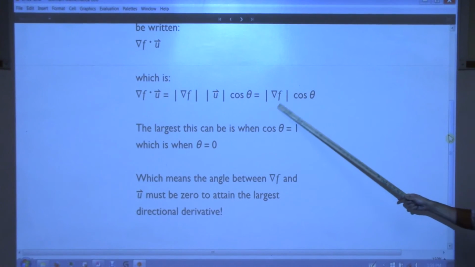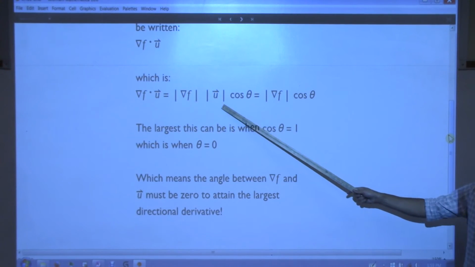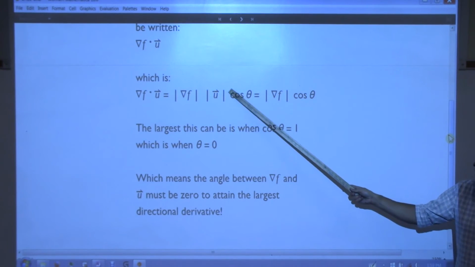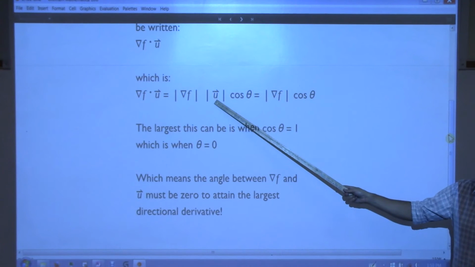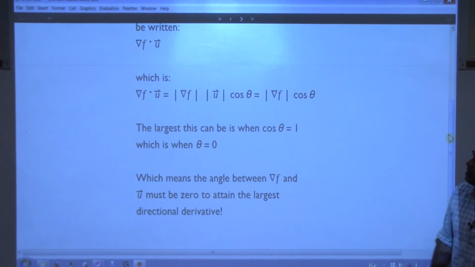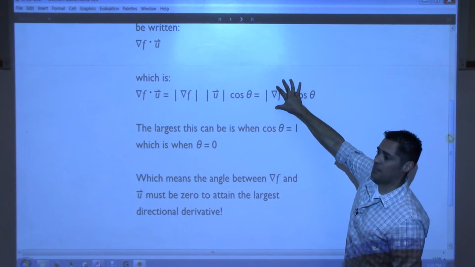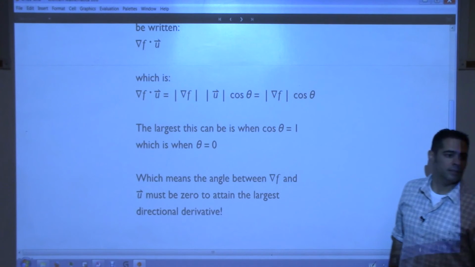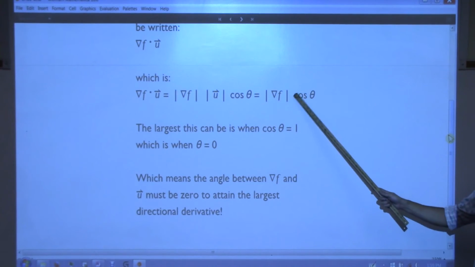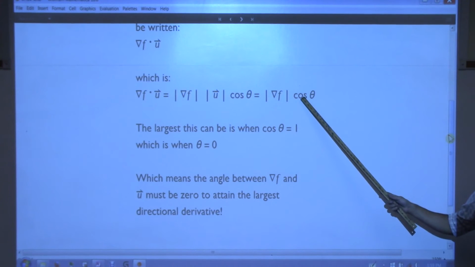What is the next step here? u is a unit vector, so the magnitude of u should be 1. So this formula turns into this. So the question now is, what will make this the biggest it can ever be? Cosine, the biggest it can be is 1.